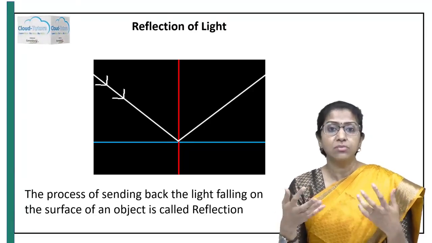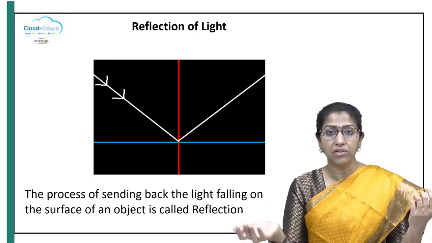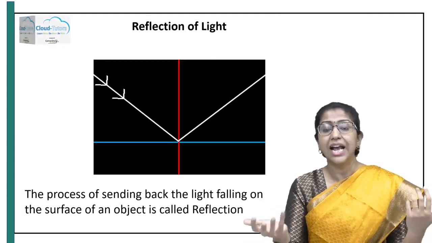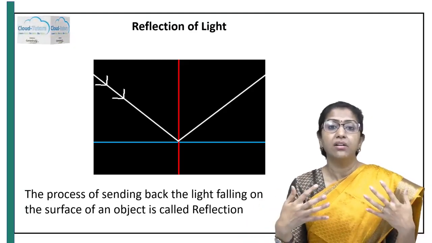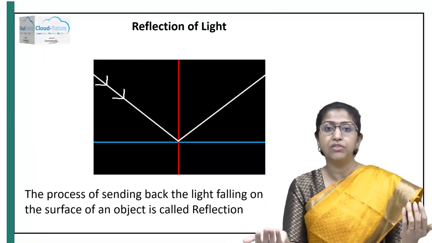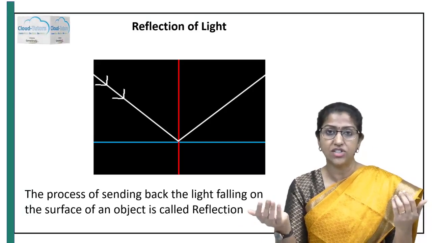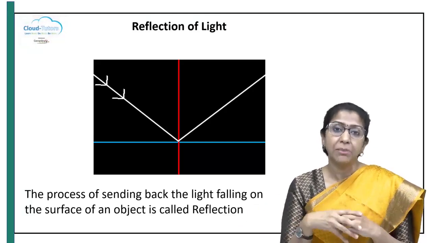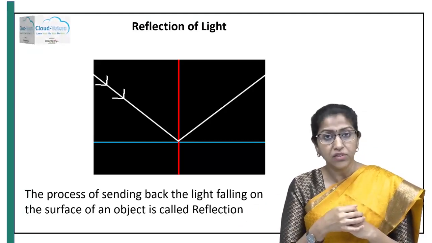Whereas the other objects scatter the light all around them in all possible directions, hence they are only scattering the light rays that are falling onto them and are not able to form any kind of images as such, right? So what do we mean by reflection, or how do you write the definition of reflection?